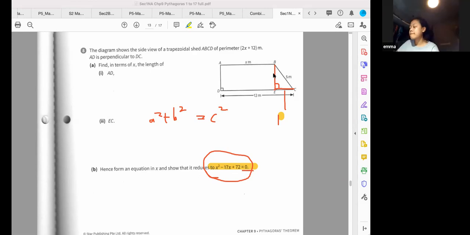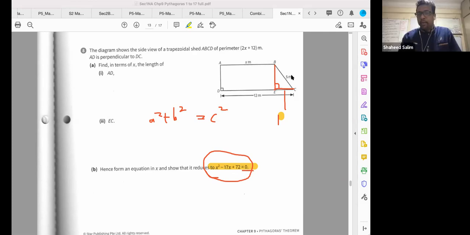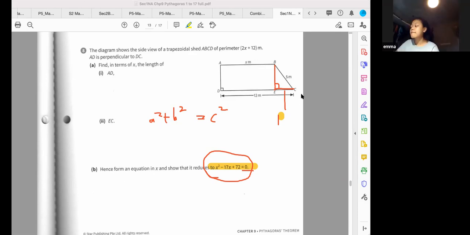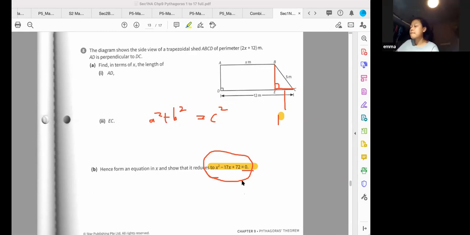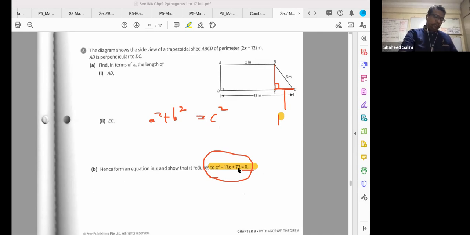Down here, right? A squared plus b squared equals c squared, right? You put the value like x minus 5 squared plus 12 minus x squared is equal to 5 squared. And then you bring the numbers over that side. Do you get this?